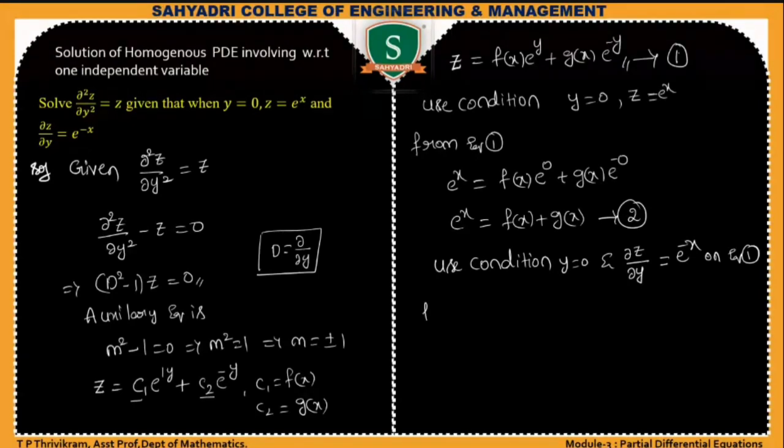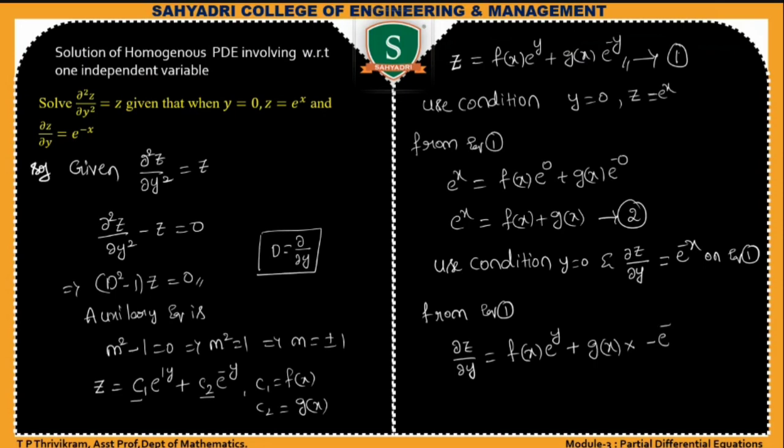From equation 1, dou z by dou y is equal to f of x into the differentiation of e power y, which is also e power y, plus g of x into the differentiation of e power minus y, which is minus e power minus y.